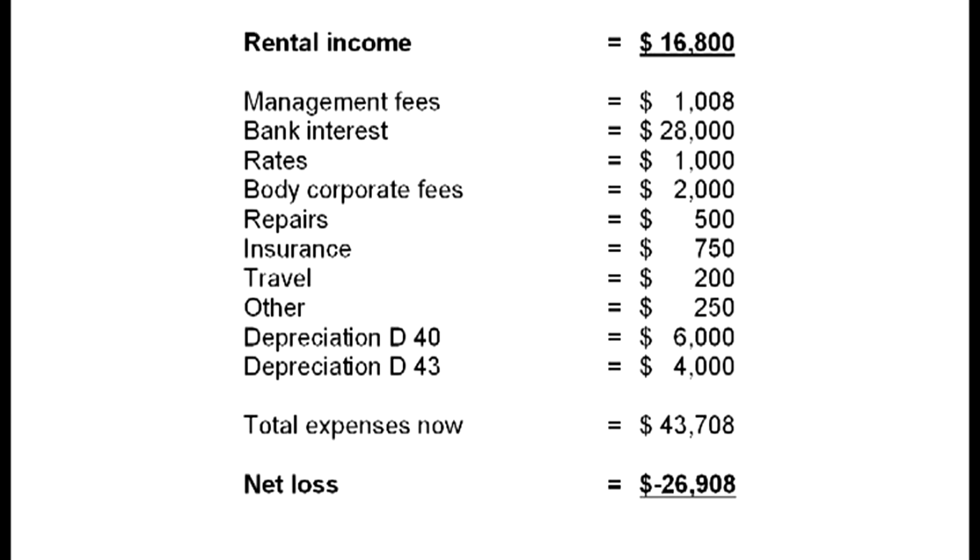And our two depreciation amounts equal $6,000 and $4,000. That's another $10,000 in tax deductions, and the total expenses are now $43,708, which results in an overall net tax loss of minus $26,908.